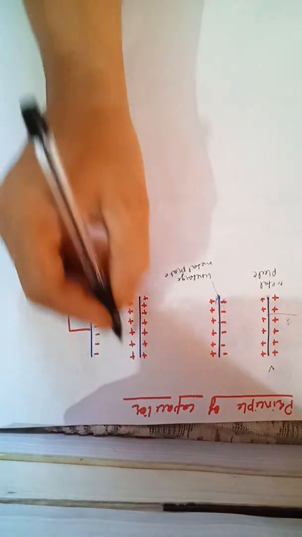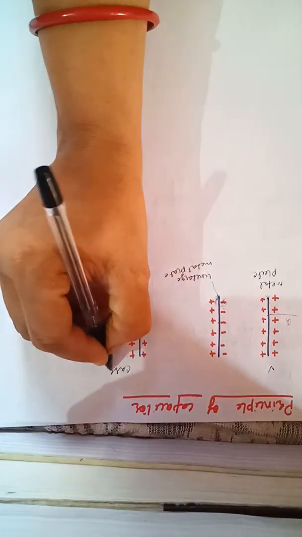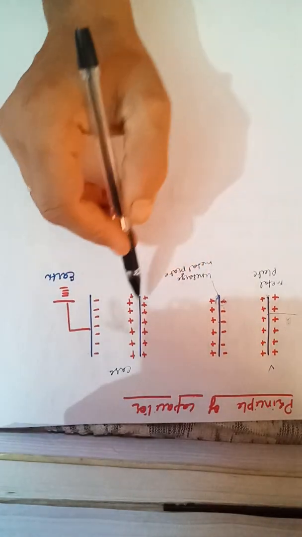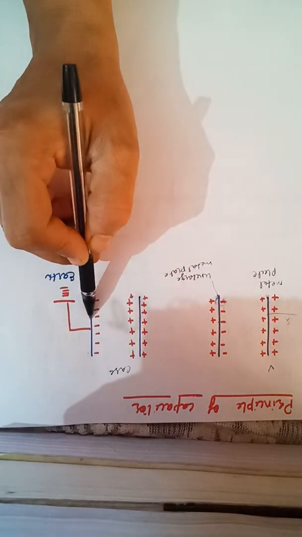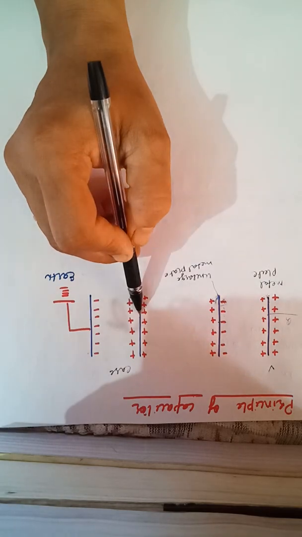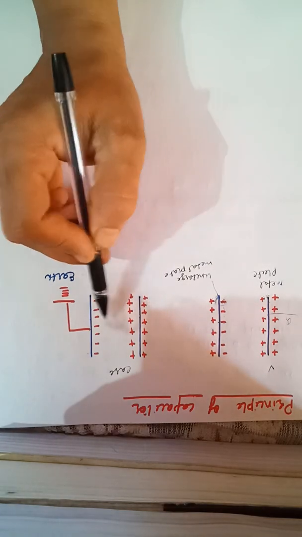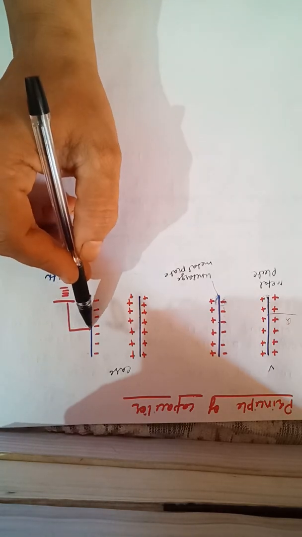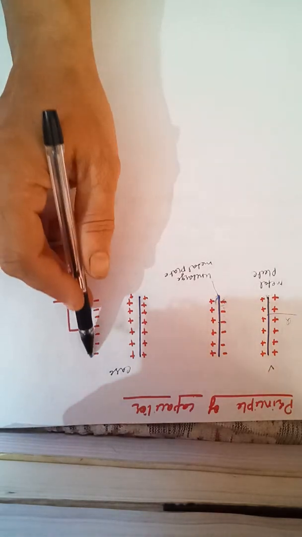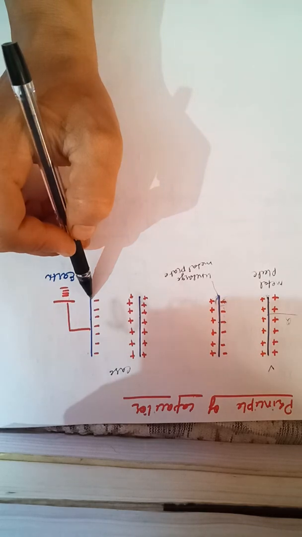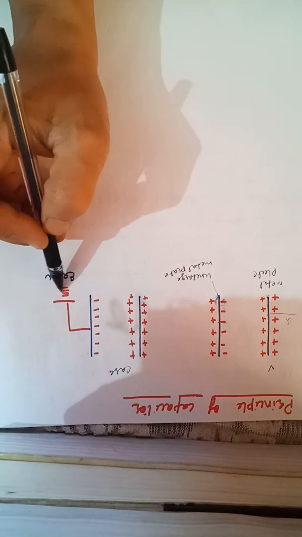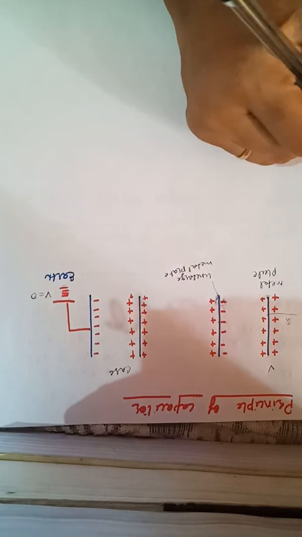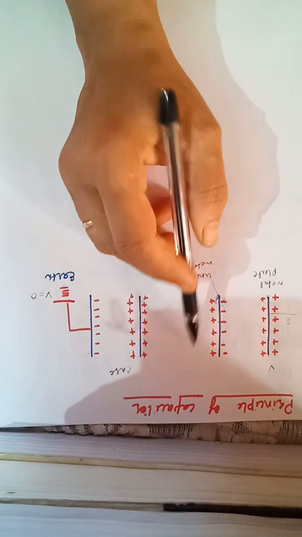Now we are moving on to the second case. In the second case, I have taken the same metal plates, and by placing the second plate near the first charged plate, what will happen? In this condition, one arrangement we have done: this second plate is connected to the earth whose potential is 0. So what will happen?